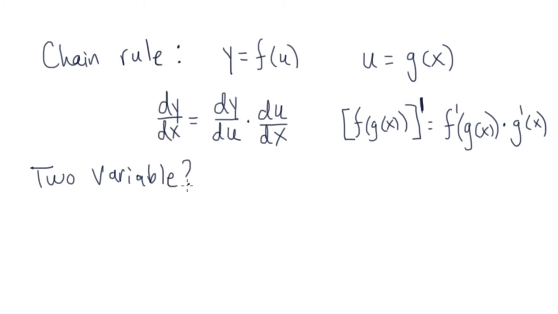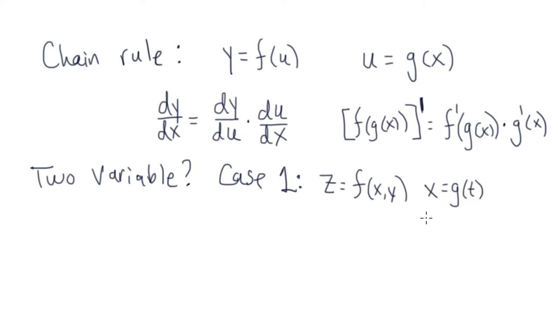Well, the problem here is that we might mean different things by the two variable case. So case 1 goes like this. z is a function of x and y. x is a function of t, and y is a function of t.